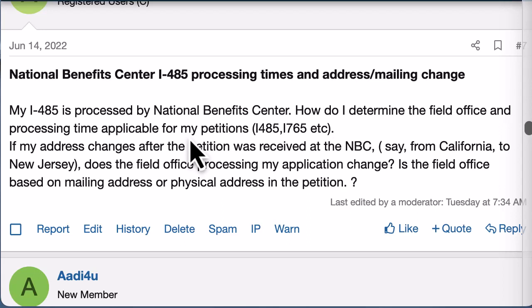How do I determine the field office and processing time applicable for my petitions? So the benefits center, NBC, should have its own processing time. Now again, this is a unique situation because certain things are being done right now which were not done outside the COVID times. You may want to call USCIS customer service and ask these questions, but normally when the case goes to a benefits center, it goes for distribution.